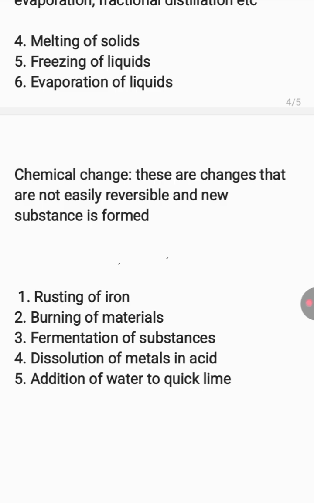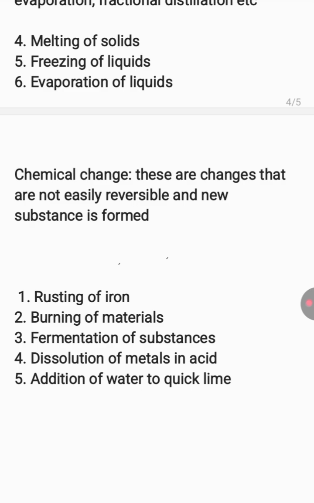When materials burn, for example wood, it turns into carbon. 3. Fermentation of substances. 4. Dissolution of metals in acid. When metals are dissolved in acid, hydrogen gas is liberated and salt is formed. 5. Addition of water to quicklime, which is slaking. These are examples of chemical changes.